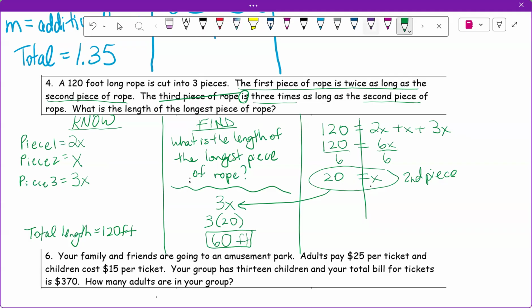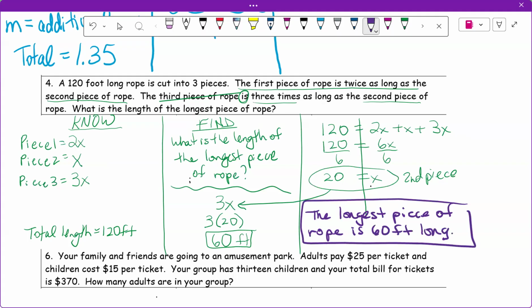Make sure you're double checking that you've answered the question. So let's write a sentence. The longest piece of rope is 60 feet long. Excellent.